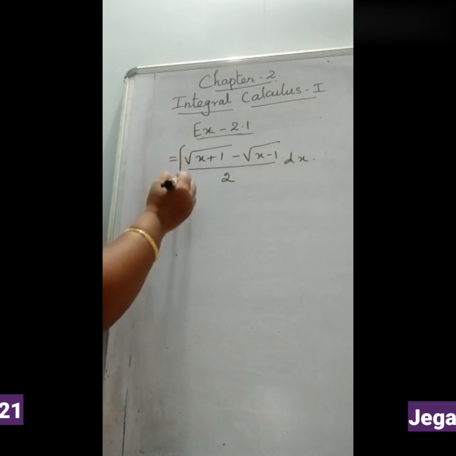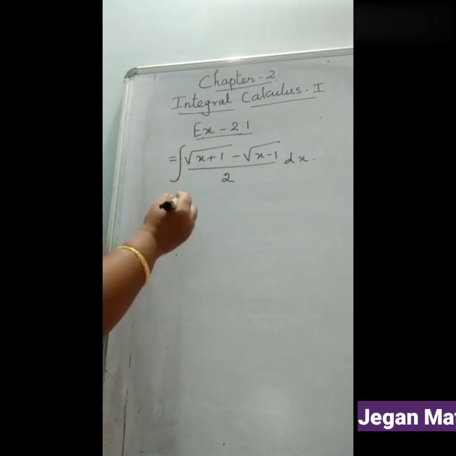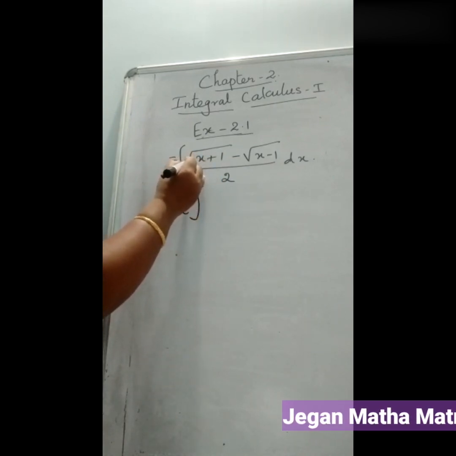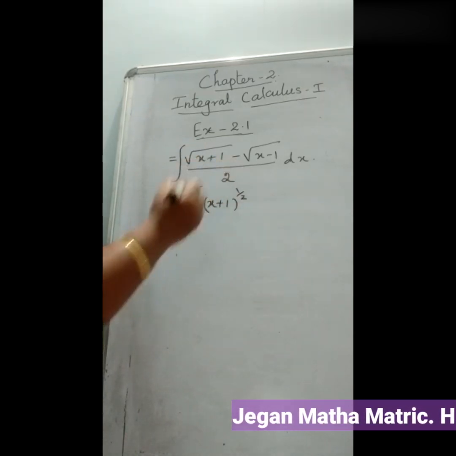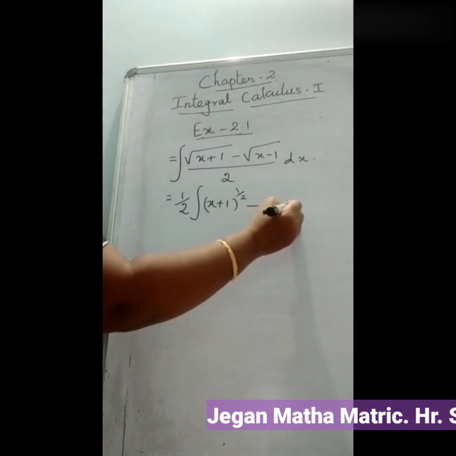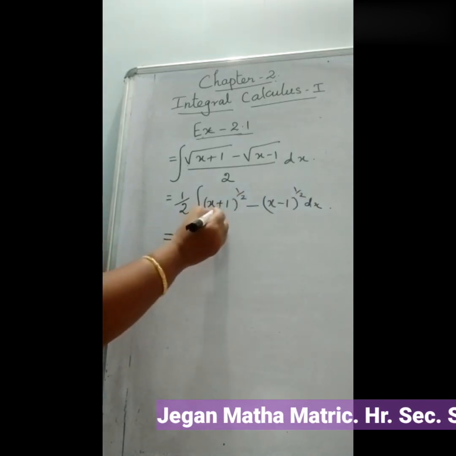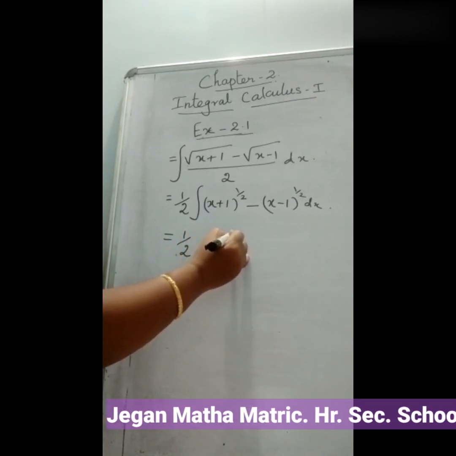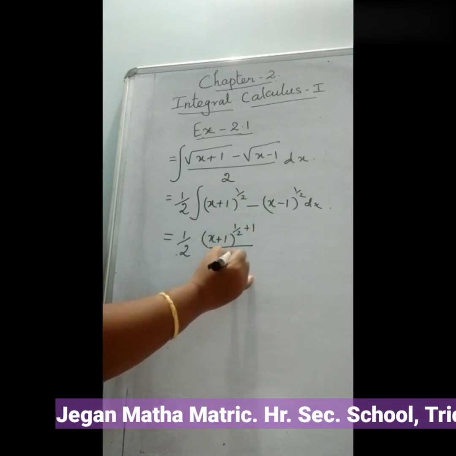So that is the integral of root of (x+1) minus root of (x-1) divided by 2 dx. 1 by 2 is the constant term, so you take it out of the integral: 1 by 2 into the integral of (x+1)^(1/2) minus (x-1)^(1/2) dx. Now use the integration formula with n equal to 1 by 2: (x+1) to the power (1/2 + 1) divided by (1/2 + 1).